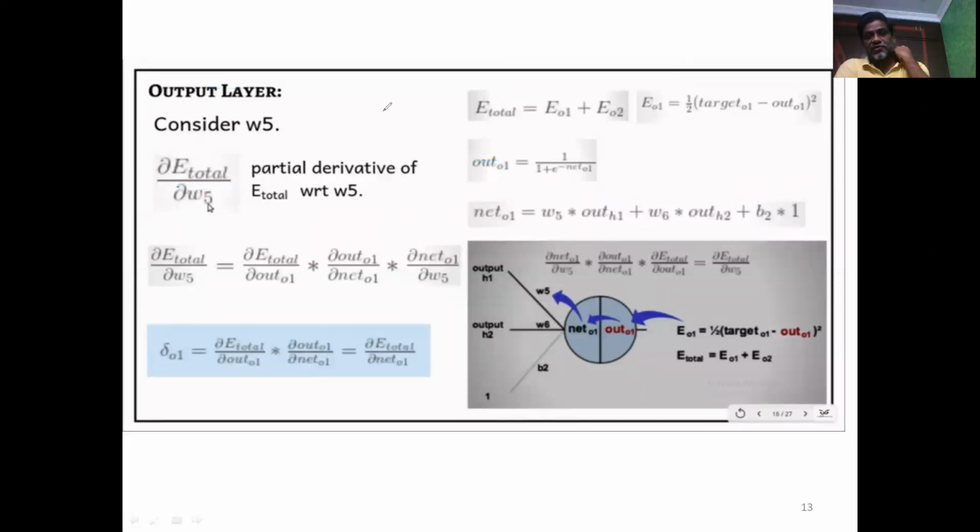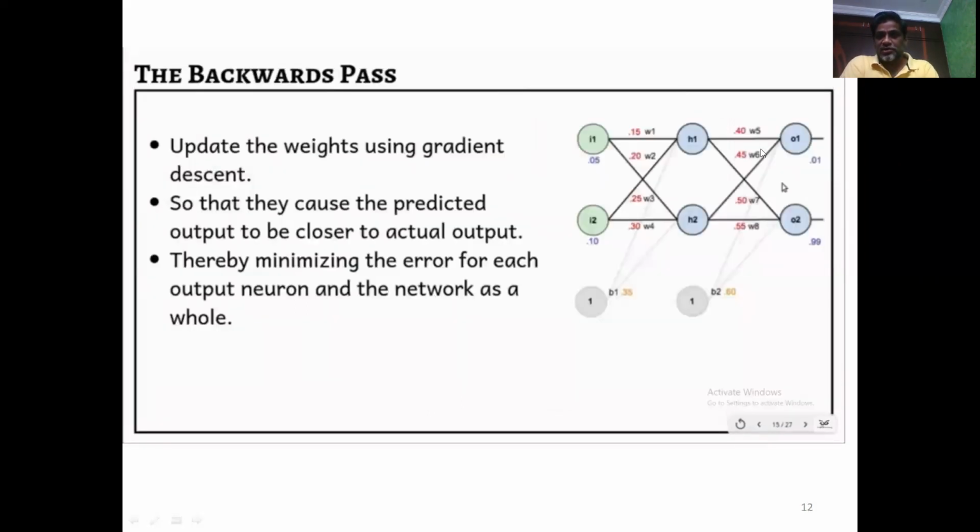So let us start with the first step. We'll start with the connection between hidden layer and output layer. So let us consider W5. We need to see where it is actually. This is the weight I want to update now, which is connecting H1 to O1.